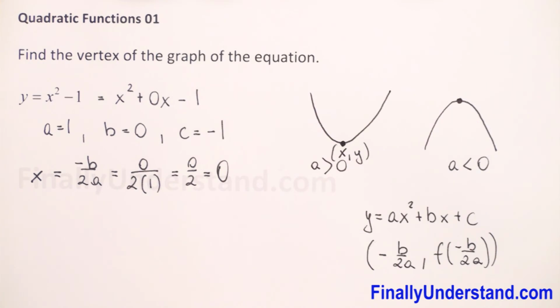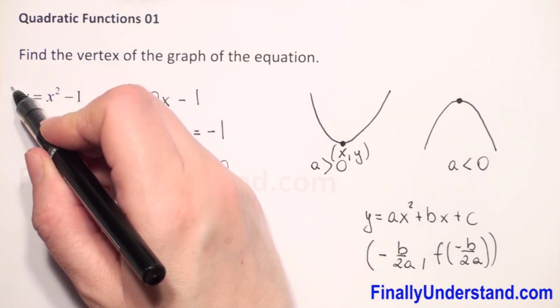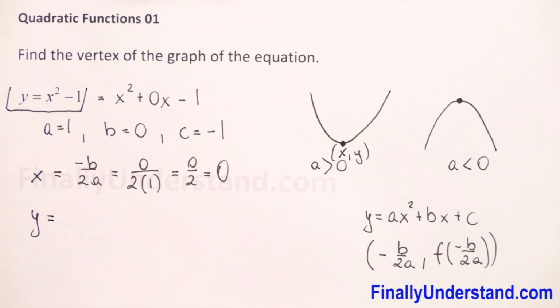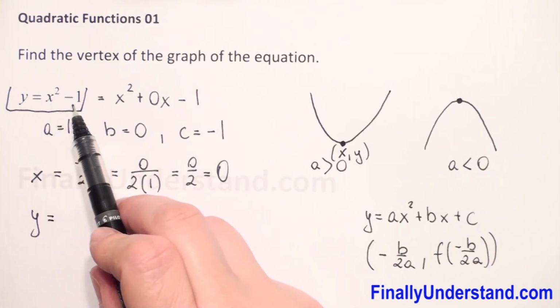Next, we have to find the y-coordinate of our vertex. To find the y-coordinate, we need to find the value of our function for our x. We found that x is equal to 0. So this is our formula: y is equal to x squared minus 1.